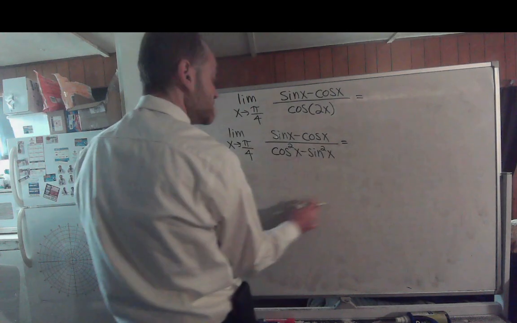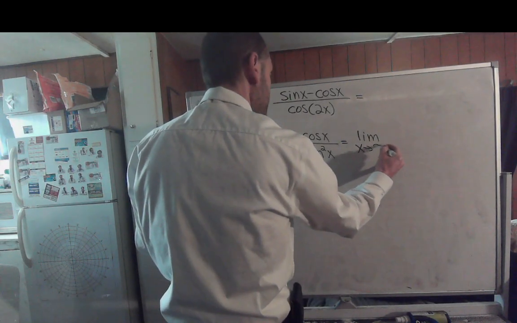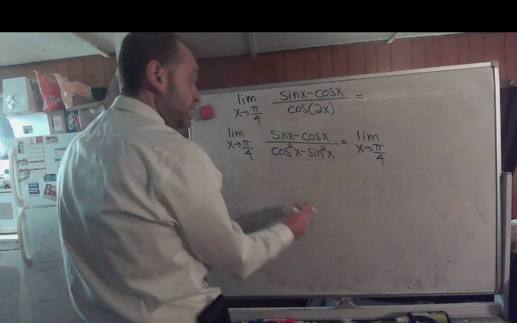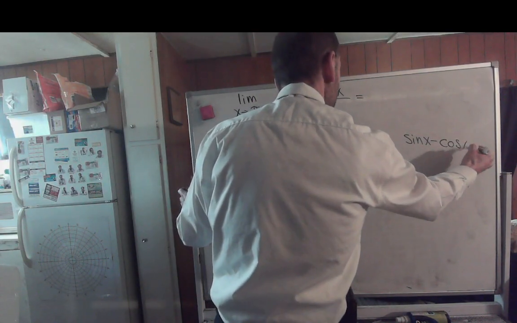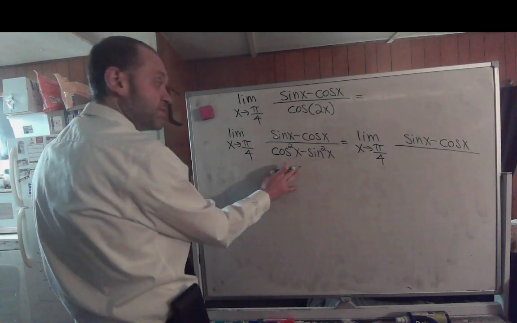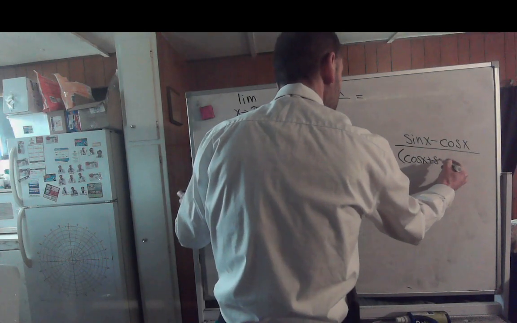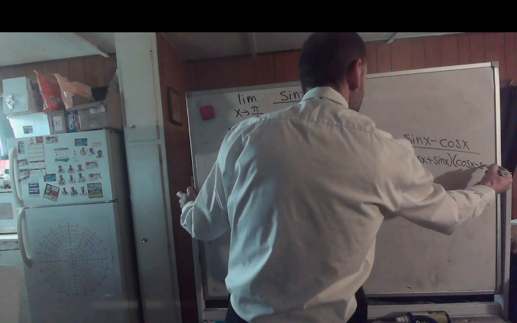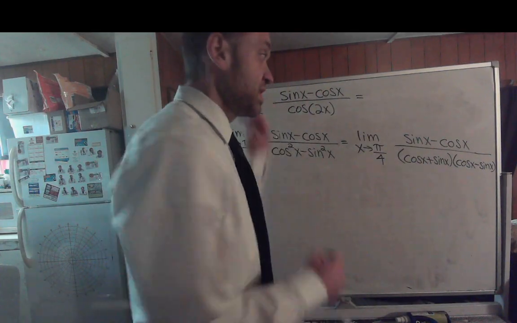This is going to turn into the limit as x approaches pi over 4 of the sine of x minus the cosine of x divided by, let's factor this difference of 2 squares. This would become the cosine of x plus sine of x times the cosine of x minus sine of x. Well, in the numerator, it almost looks like we have that, except you have it in reverse order with sine of x minus cosine of x.